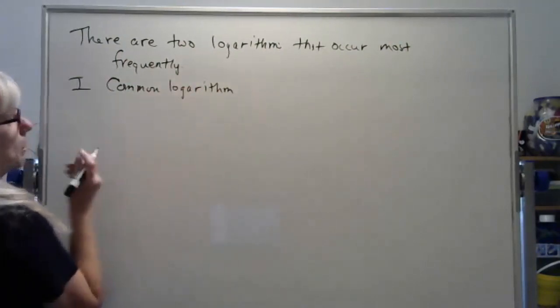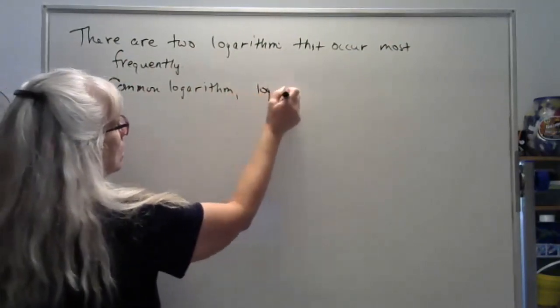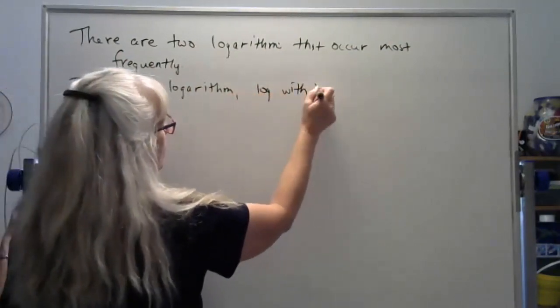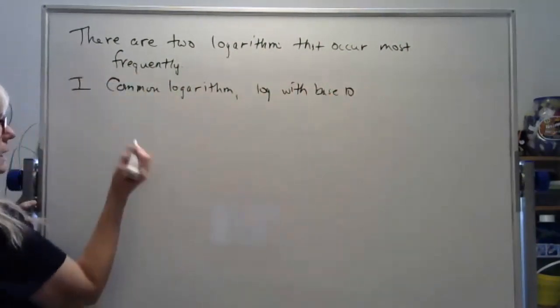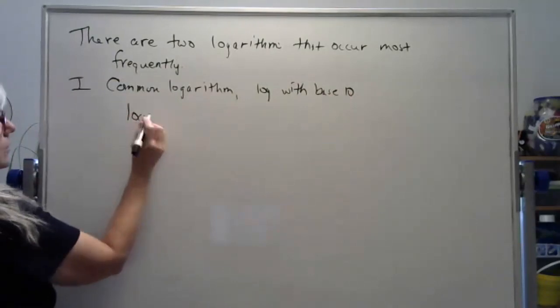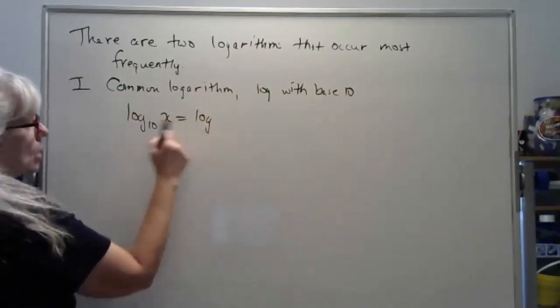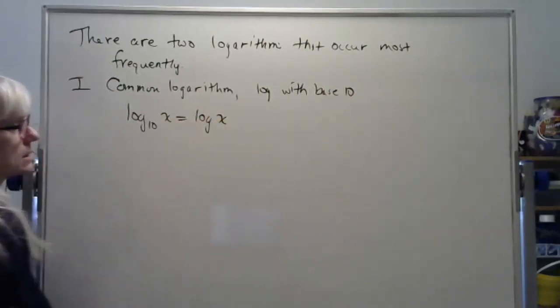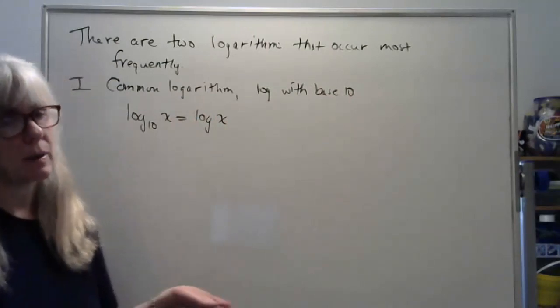So this is a log with base 10. So what you're going to see is normally we would write log base 10 of x, but they're going to drop the base and just write log x. So in other words, if you see the word log and no base, then you know it's base 10.